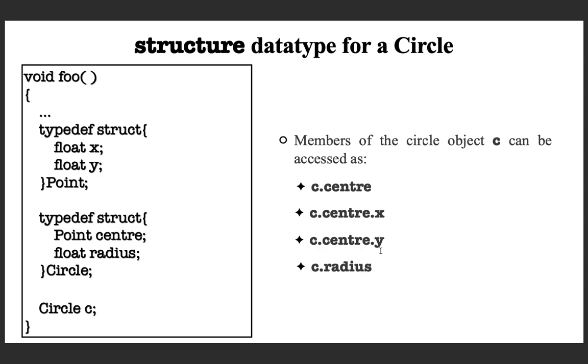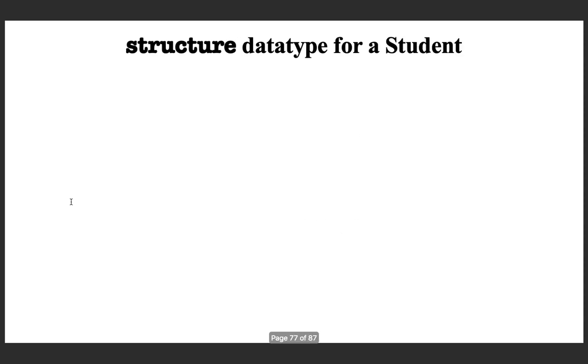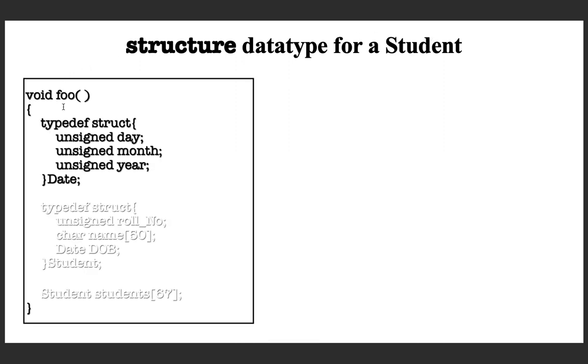Now let us proceed. Okay, if you recall the examples, we saw how a point can be declared using this newly defined data type. Now a circle which makes use of a point. And the third example that we discussed was student, and if you want, you can have a program or a function for declaring a student data type.